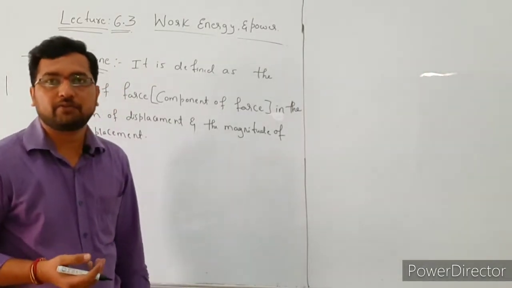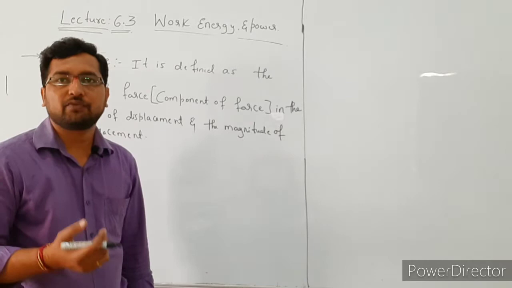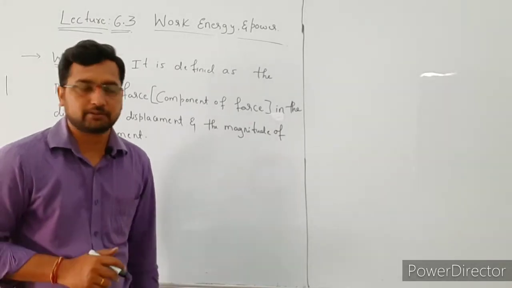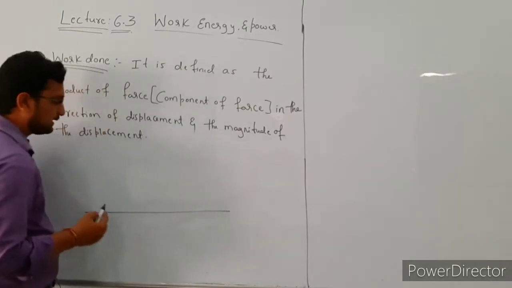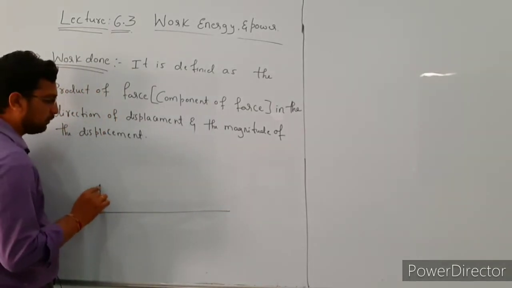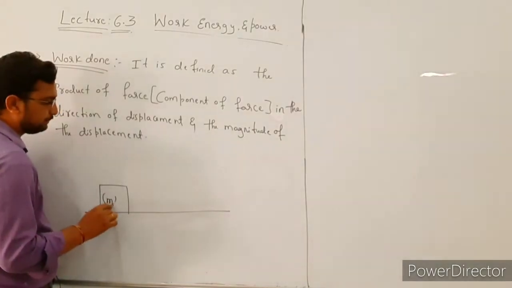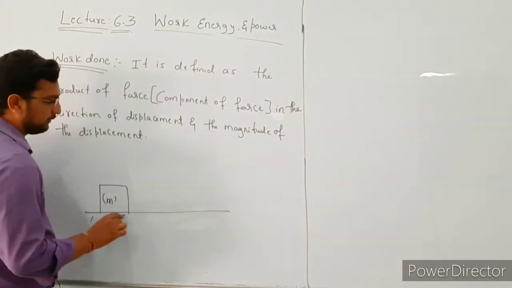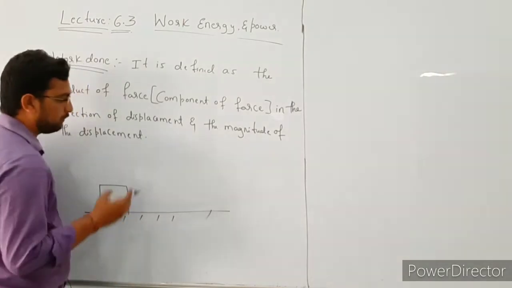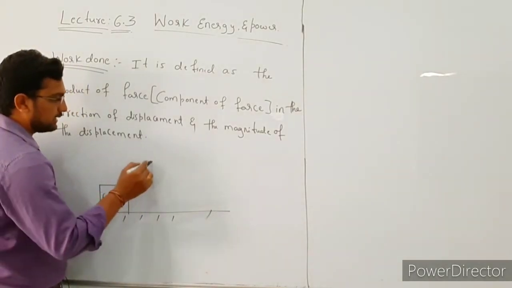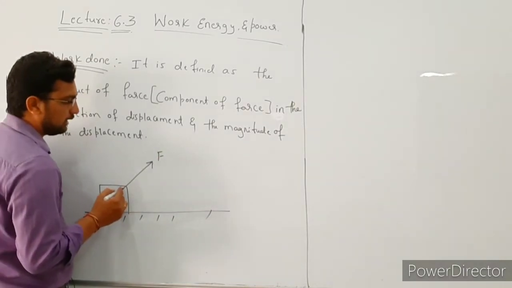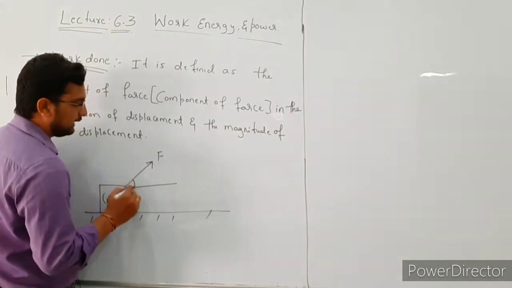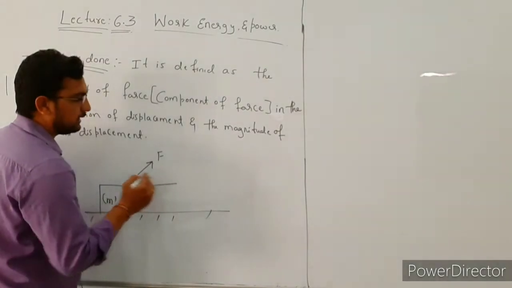Another definition for the work done is it is a product of force and displacement. Both are correct. See here, in this case, we consider a horizontal surface. We placed a block of mass m on a horizontal surface. We are applying some amount of force in this direction. The inclined force is acting on this body and it makes an angle theta with respect to the horizontal direction.